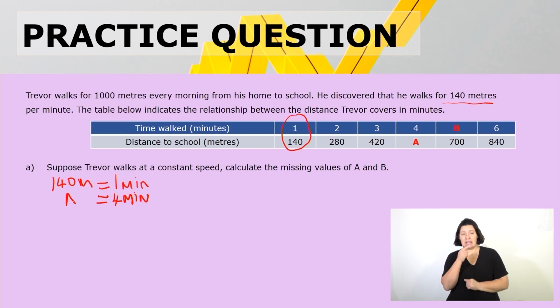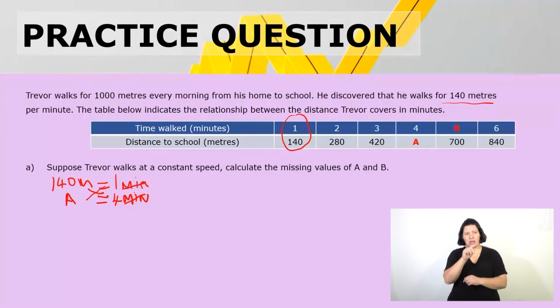So we can say over there A, then we can cross multiply. When we cross multiply, the number of minutes will be cancelled because they divide one another, then we can say 140 meters multiplied by 4.